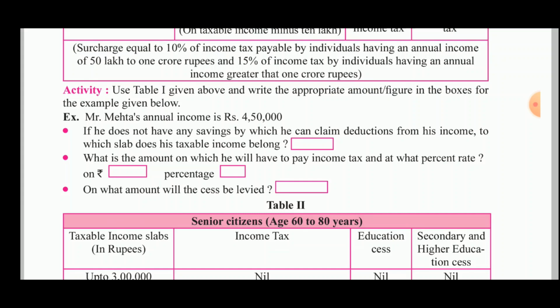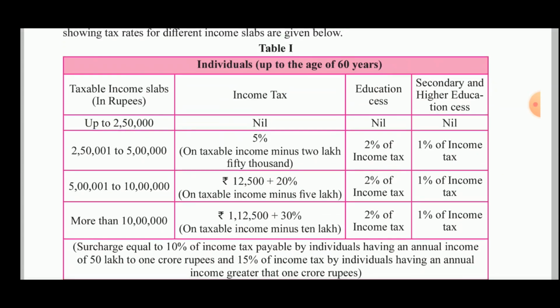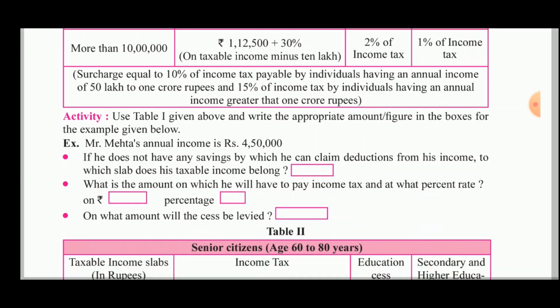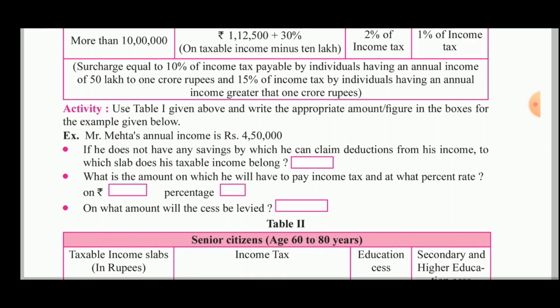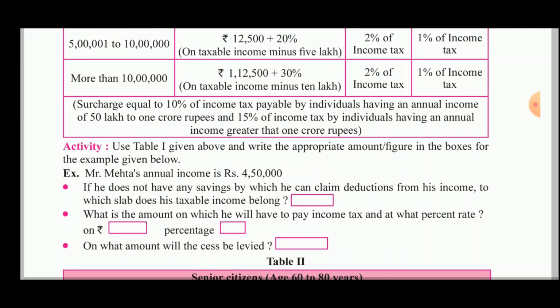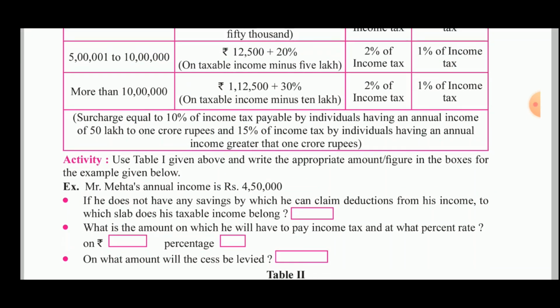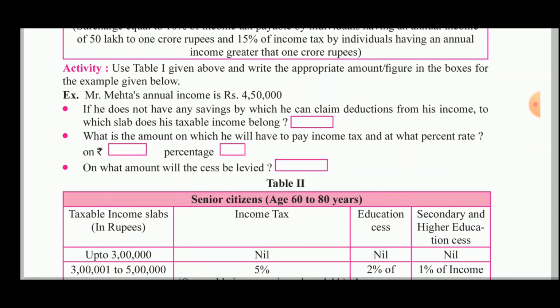What amount will he have to pay income tax on, and at what rate? He will have to pay it on 2 lakh rupees, at 5%. On what amount will the cess be levied? On that income tax which you calculate, 2% of that will be the education cess.